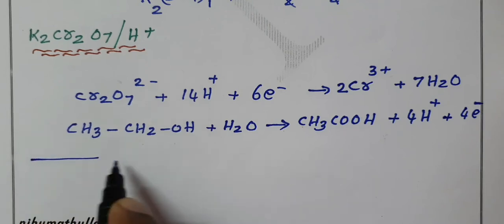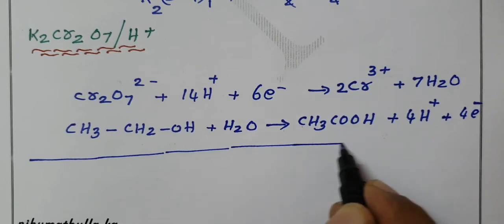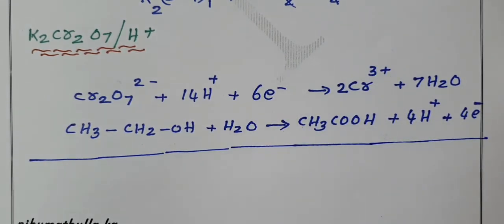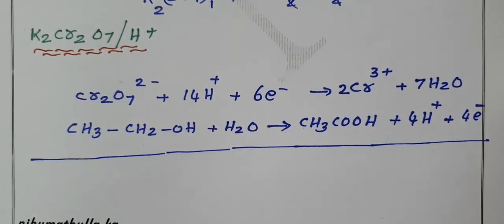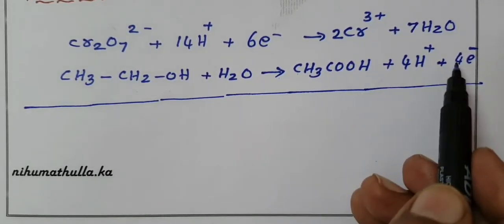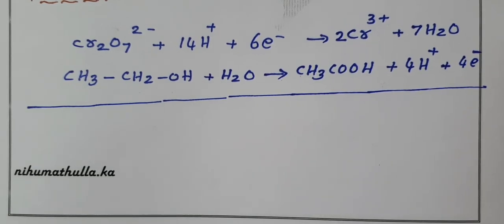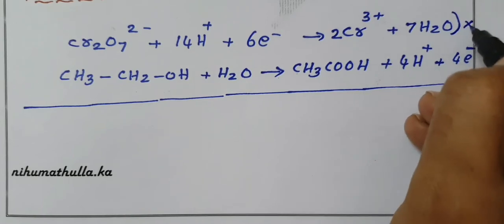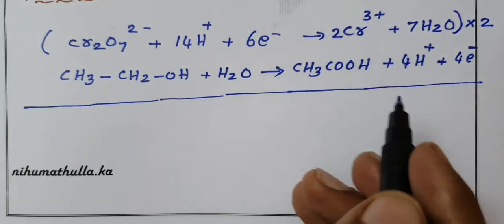When we add the two equations to get the final equation, first we have to equate the number of electrons in both equations. In the first equation, 6 electrons are there. In the second equation, only 4 electrons. So, how to equate? The first equation is multiplied completely by 2: 2 into 6 are 12.